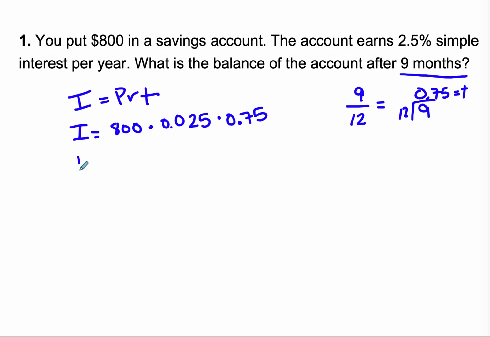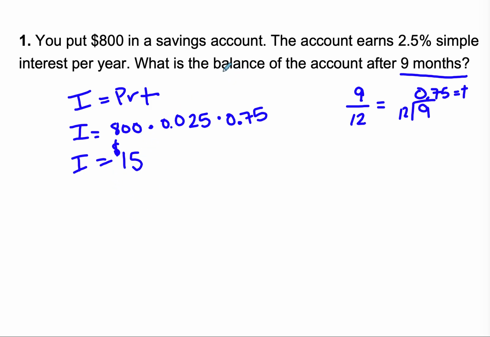The variable is already by itself, so we're going to just multiply the numbers that are on the same side together. So we're going to do 800. We're going to multiply 25 thousandths times 75 hundredths. We're going to get 15 as our interest. $15.